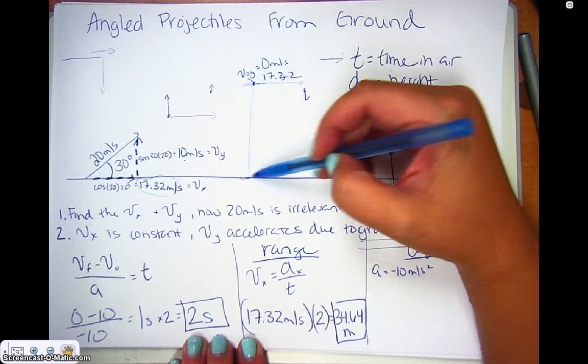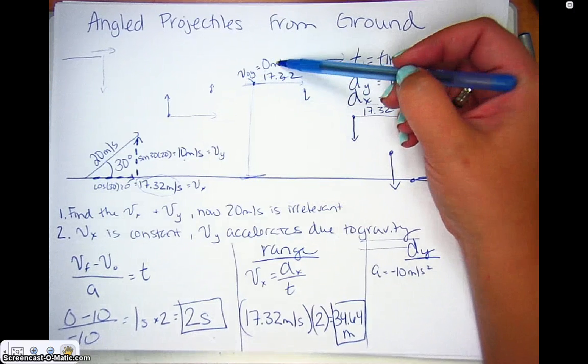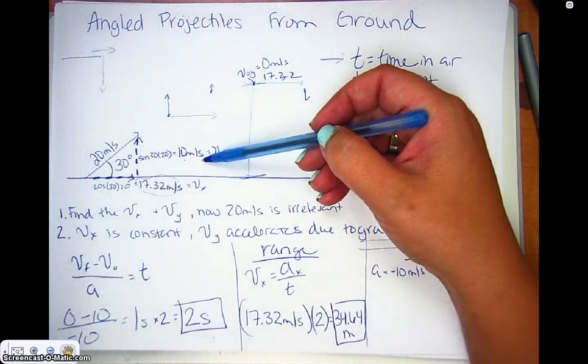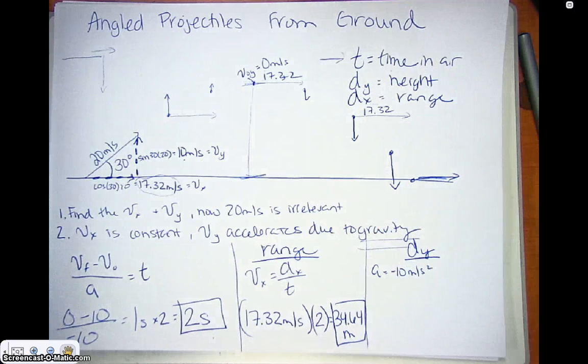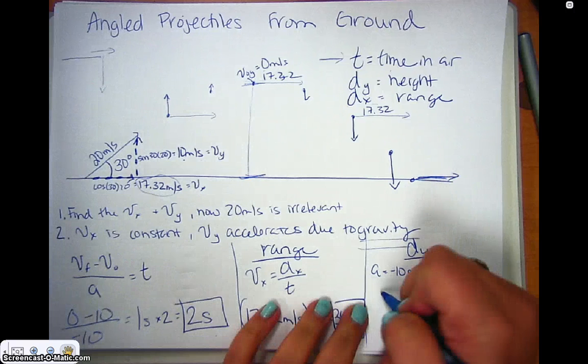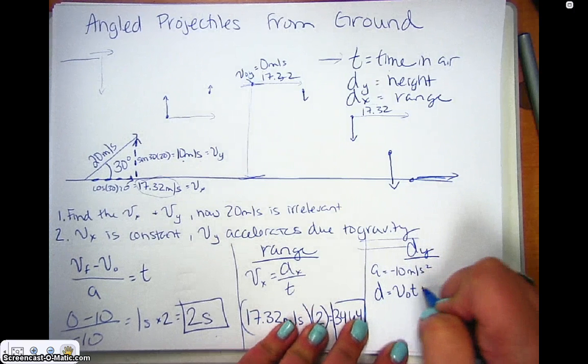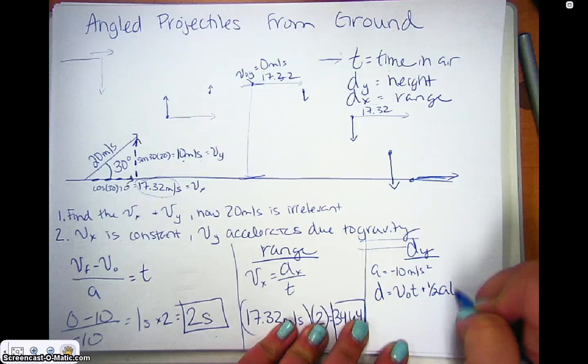I know v initial and v final, so I've really got all of the information. I could use either of my constant acceleration equations, either v final squared equals v initial squared plus 2ad, or d equals v initial t plus 1/2 at squared. Let's use this one: d is equal to v initial t plus 1/2 at squared.